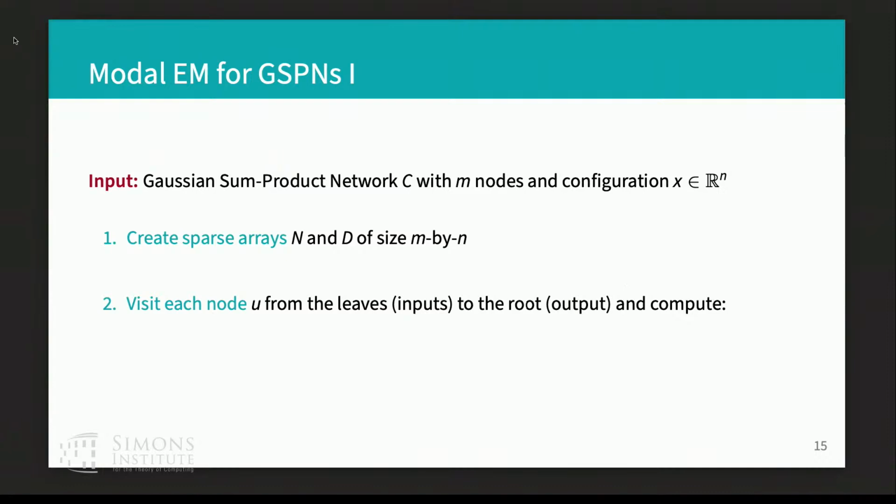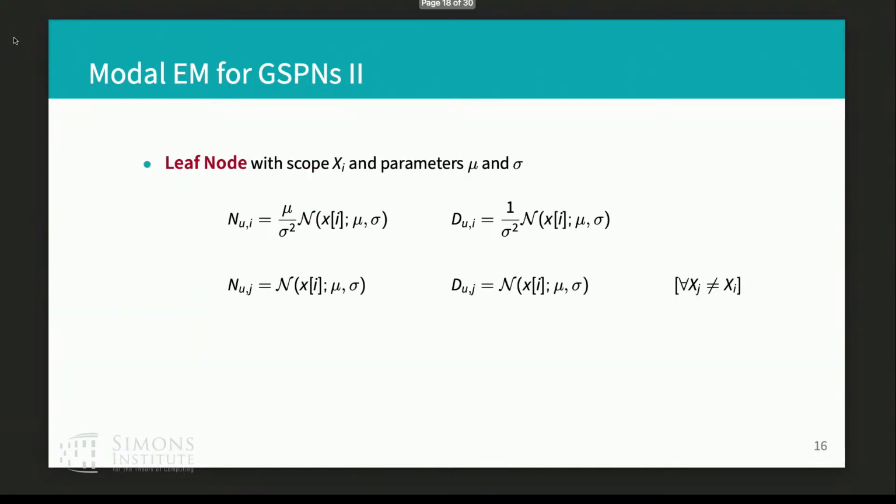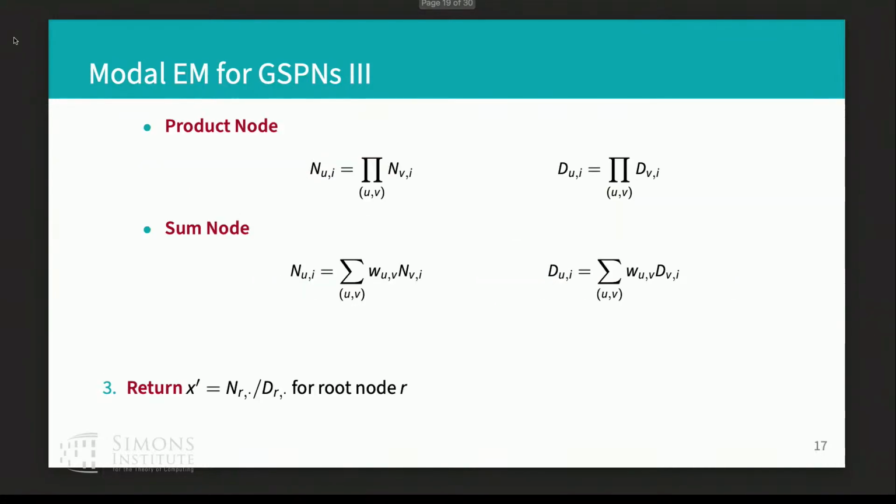Each array has a value for every variable, right? And then we propagate from the bottom up. We compute these equations. I don't think they're that important, but they're very similar to the standard computations, except you initialize with these weighted Gaussians in the leaves, and everything else is the same. And then you return the ratio when you reach the root, right?